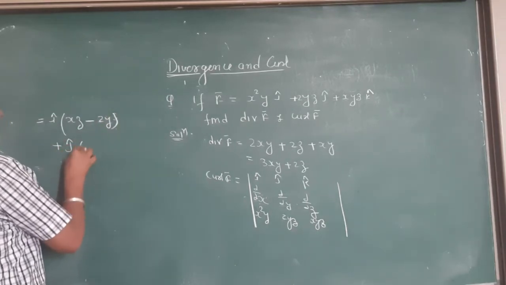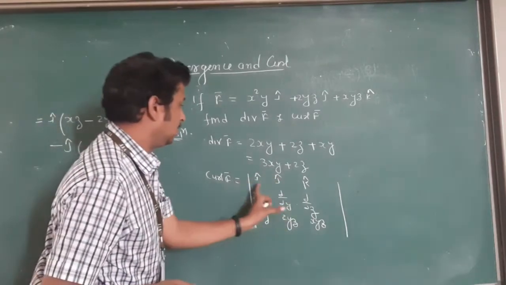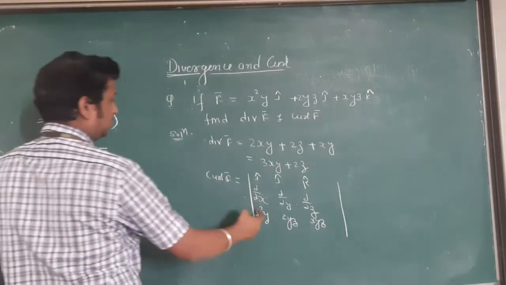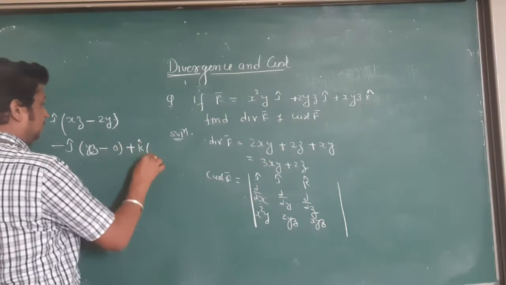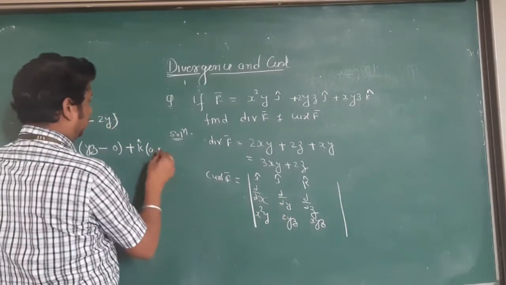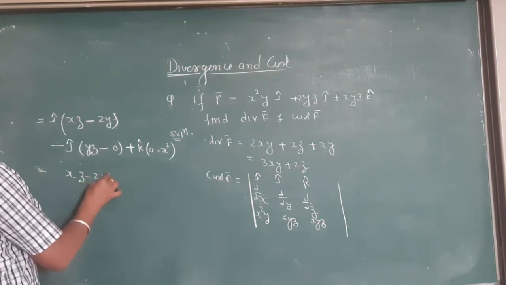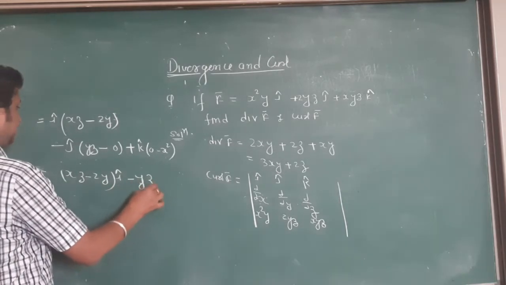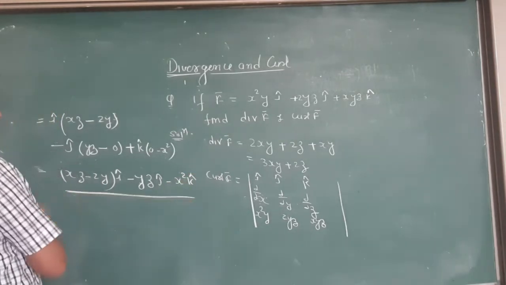Plus j cap times: minus, differentiate with respect to x, we get yz, minus with respect to z, z is 0. Plus k cap: with respect to x, it is 0. With respect to y, this is x square. So what is the final value? Xz minus 2y i cap minus yz j cap minus x square k cap. This is curl.